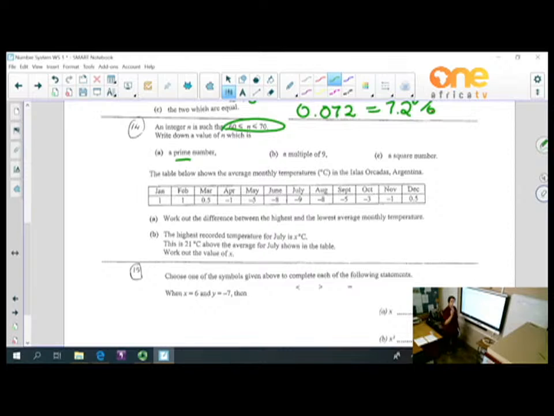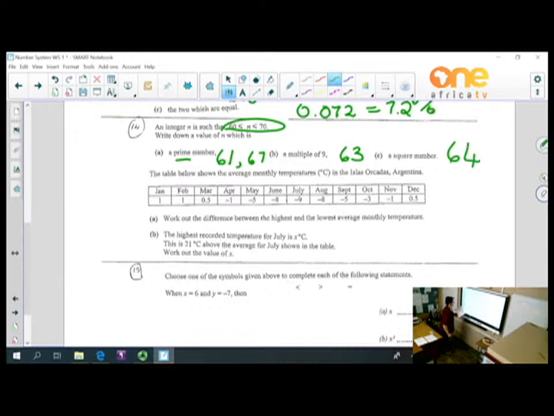So there are only 2 factors, the number 1 and the number itself. And you'll have to test them there. So it is 61. It will be odd numbers because 2 is the only even one. So you test the odd numbers, and the next one is 67. A multiple of 9, we know that's 63. And what square number do we have there?